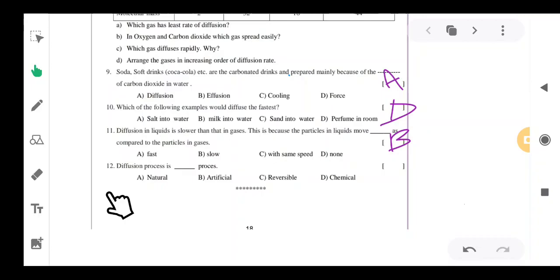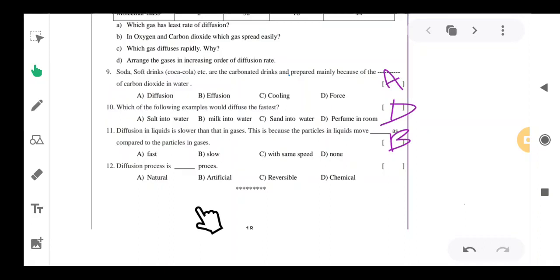Next one, the last one. Diffusion process is dash process. You have to choose the correct answer. A natural, B artificial, C reversible, D chemical. Okay, this is not artificial, this is natural, because of spreading smell in a room and diffusion of oxygen and carbon dioxide in water.